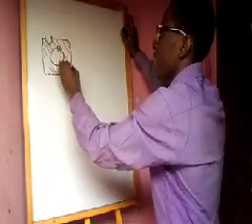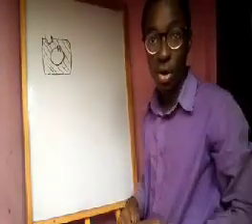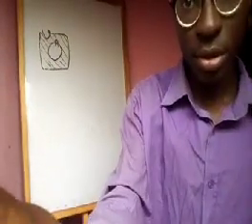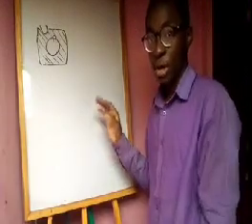I just hatched the area outside the circle. This will be the negation of the proposition. So that is how we represent negation.